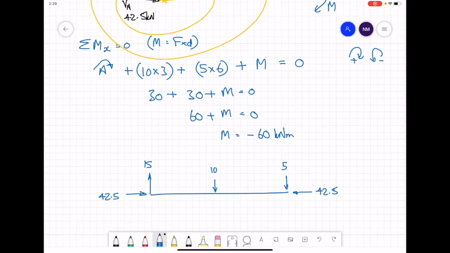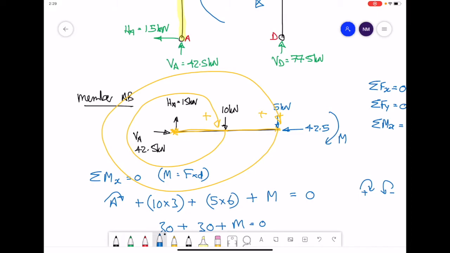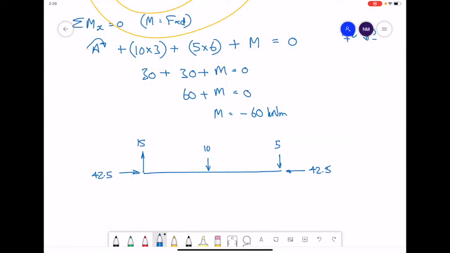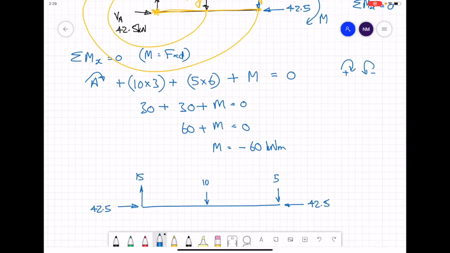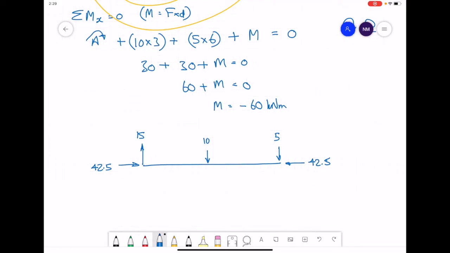So remember, as we did with the HA value, I changed the direction of the arrow to keep positive values. Likewise, with the moment here that was initially clockwise, the value is minus 60. Therefore, I'm going to swap that round to be anti-clockwise with a value of 60 kilonewton meters.